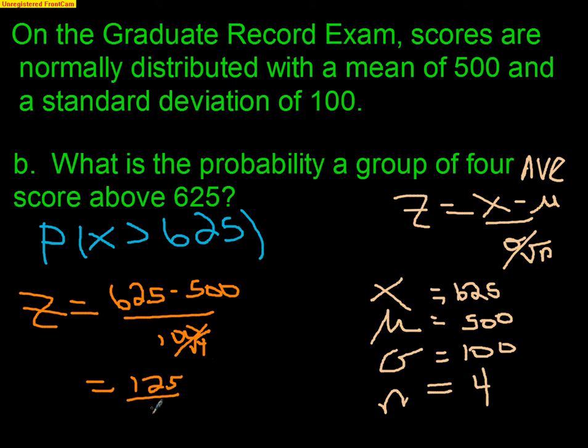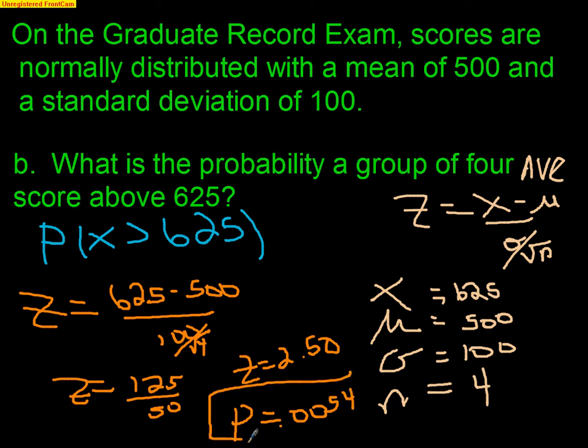So I get a z of 2.5. And it's greater than, so make sure you take that into consideration when you find your p-value. So I get p is 0.0054. And again, if you got 0.9946, you forgot to subtract this from 1. We subtract it from 1 because it's a greater than problem.